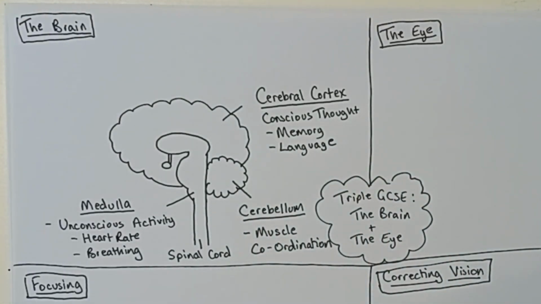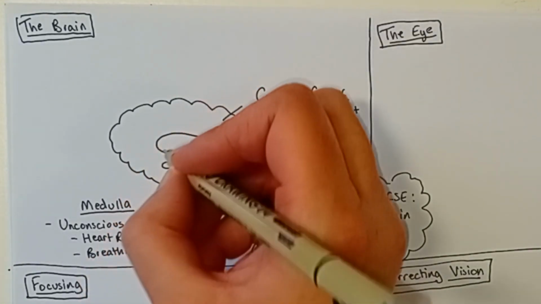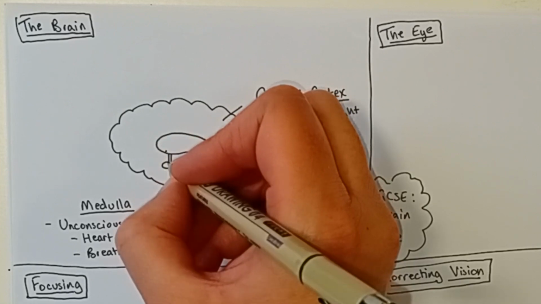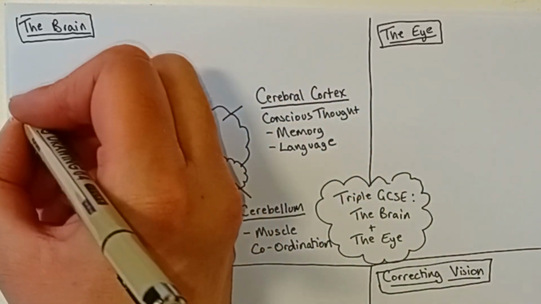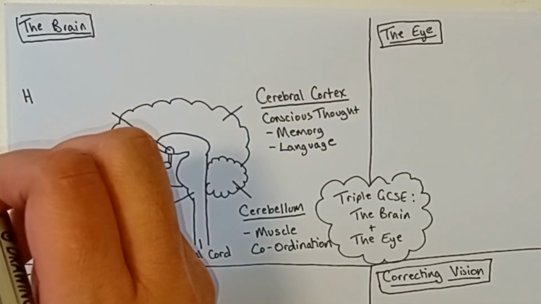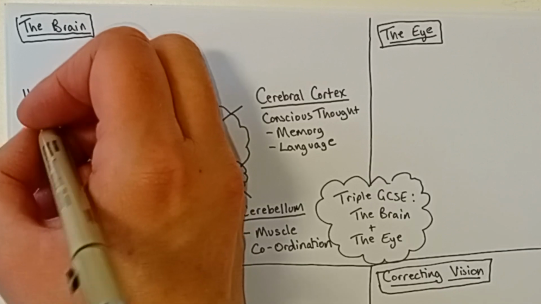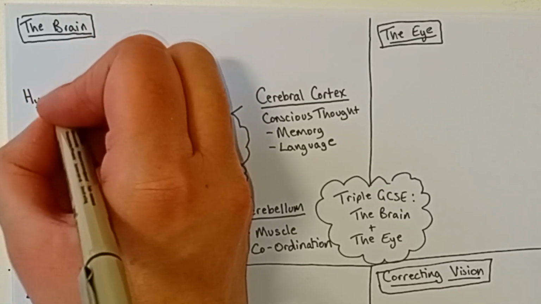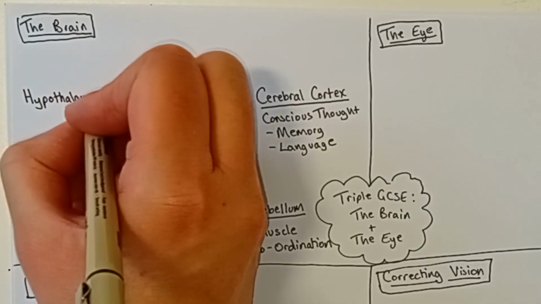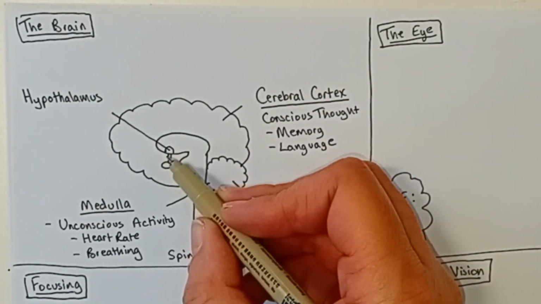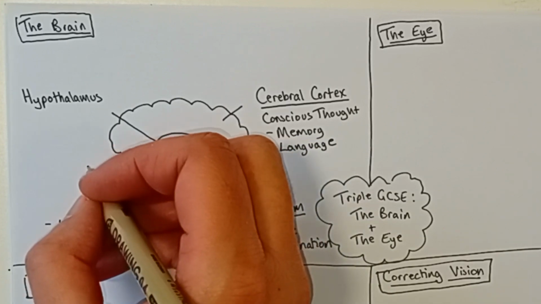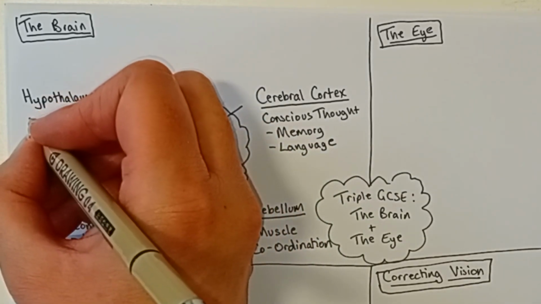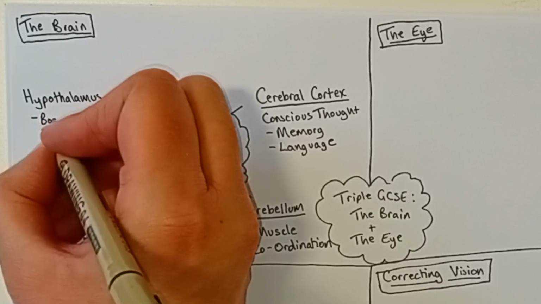Two other bits that I'm going to mention now while we're doing the brain are a section directly above this dangly bit here called the hypothalamus. And we mention the hypothalamus when we're talking about homeostasis. It's this area of the brain that connects to a hormone releasing area, the pituitary. So the hypothalamus is to do with homeostasis, so things like body temperature.